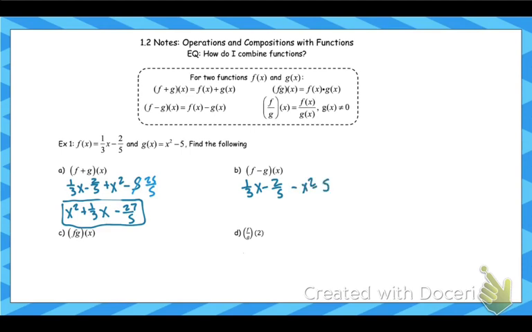If I write my question like this, I'm going to get this wrong because that's not what this question is saying. This isn't saying I'm subtracting the g of x function. The only way to actually subtract that whole function is to put parentheses around it. And that's a really important step that gets forgotten about a lot. So be careful when you are subtracting a function that you subtract the entire function.